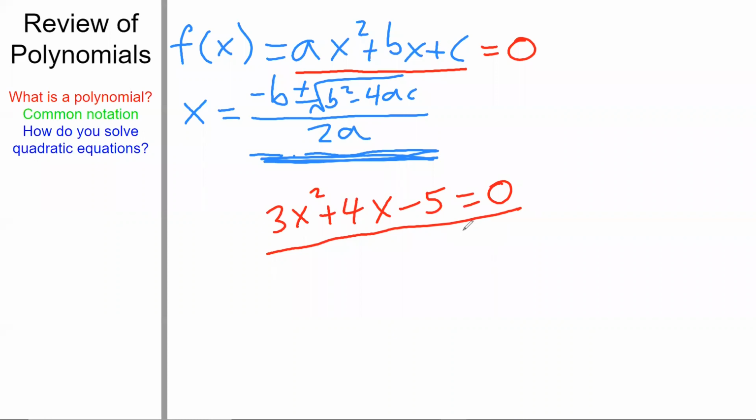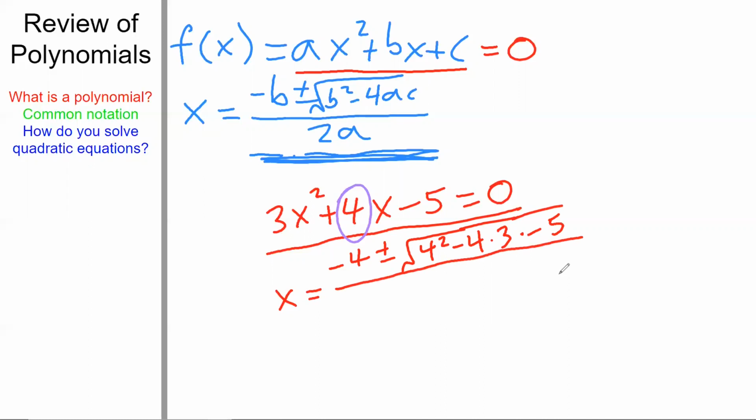So if you use the quadratic formula, x is equal to negative b, well, b here is 4, which means I plug in negative 4, and plus or minus the square root, b is once again 4, so 4 squared minus 4 times a, which is 3, and c is negative 5.